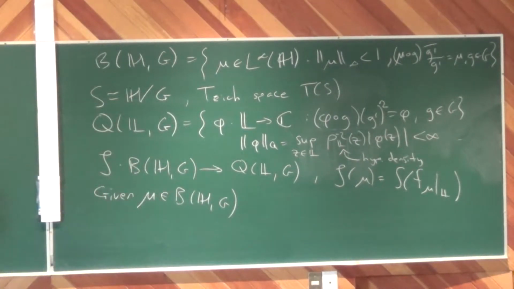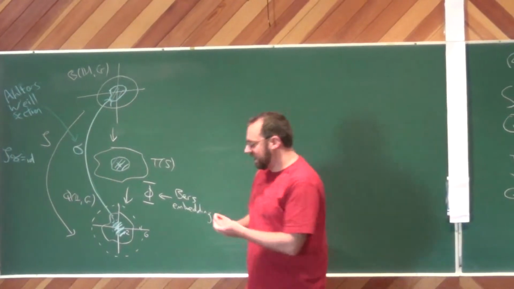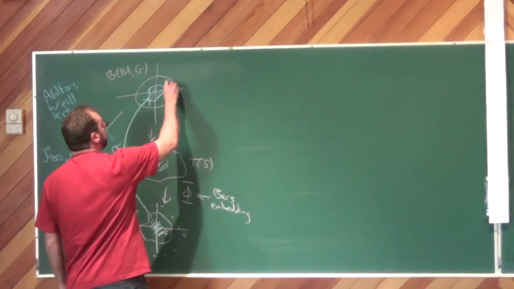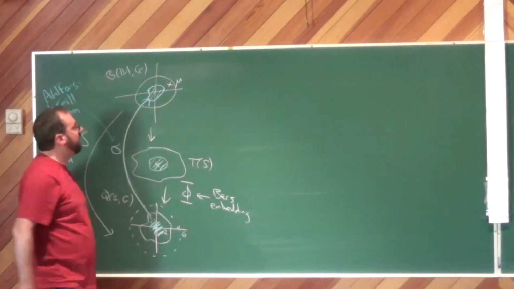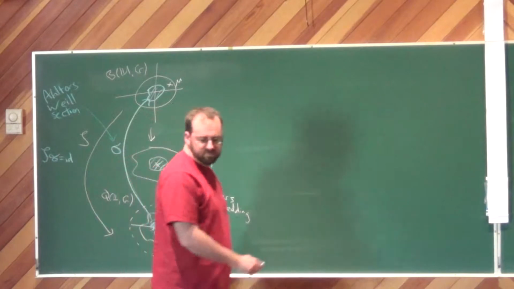So we found the neighborhood of the base point that we constructed in this way, but what we really want to do is construct open neighborhoods of all the other points in Teichmüller space. And we can do that in the following way. Suppose we start with a mu, which is a G-invariant Beltrami differential.